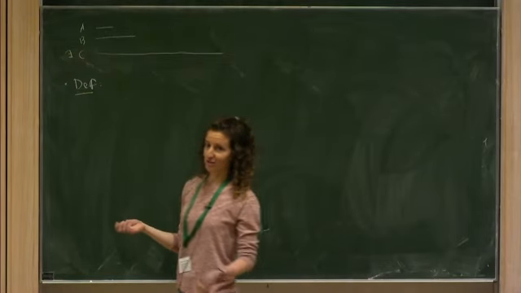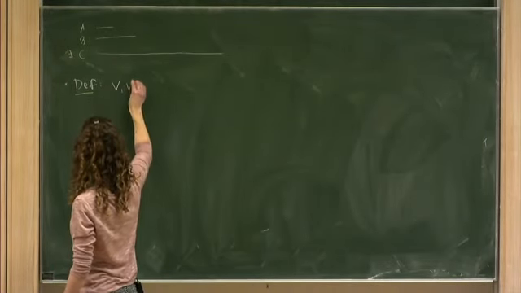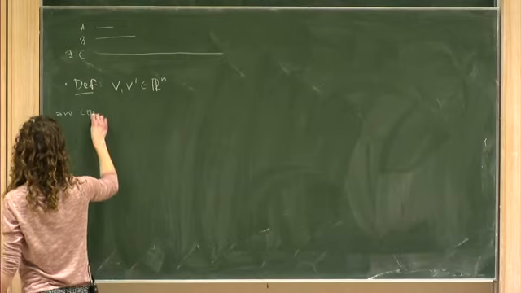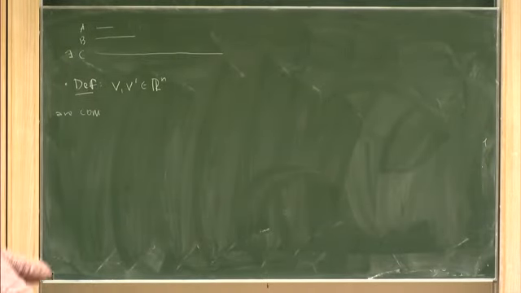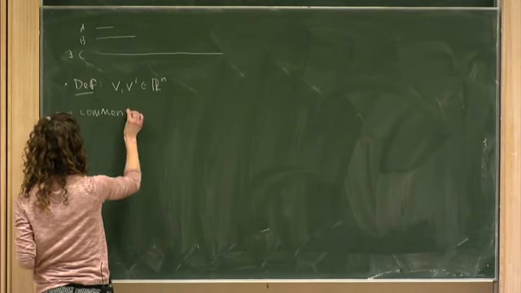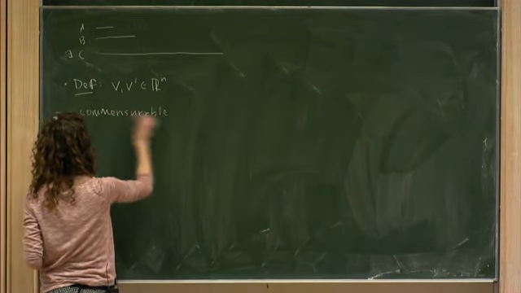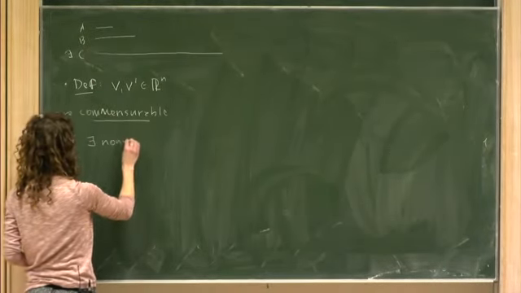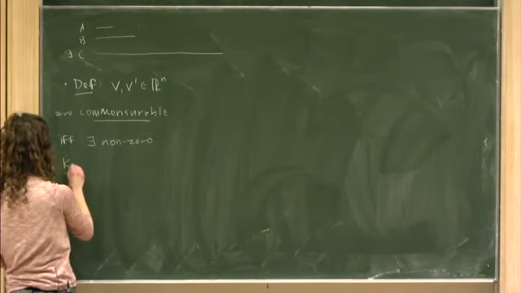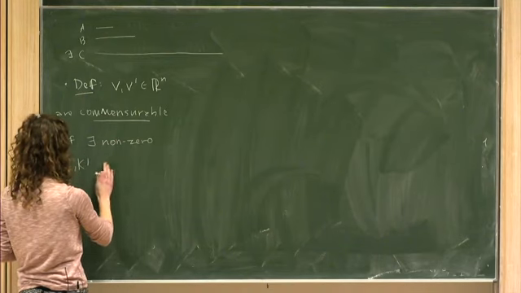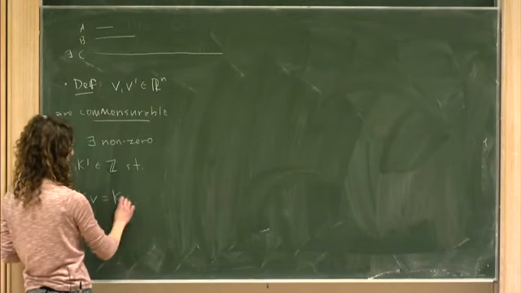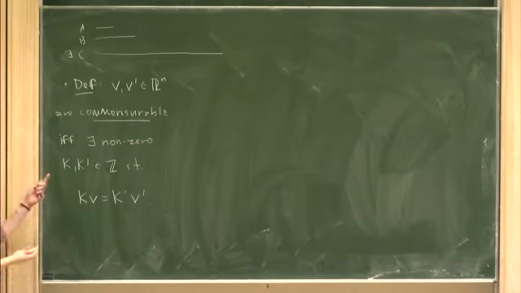So you can extend this notion to vectors, where we say vectors v and v prime are commensurable if and only if there exist non-zero integers k and k prime so that k times v is equal to k prime times v prime. In other words, the vectors are rational multiples of each other.